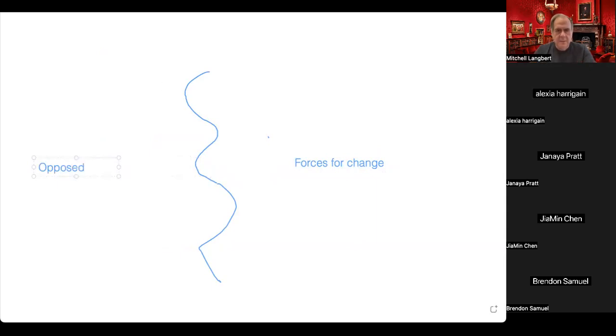And the goal of the management is to weaken these and strengthen these. So you push back the opposition, you push back the resistance, and you increase the susceptibility to change.